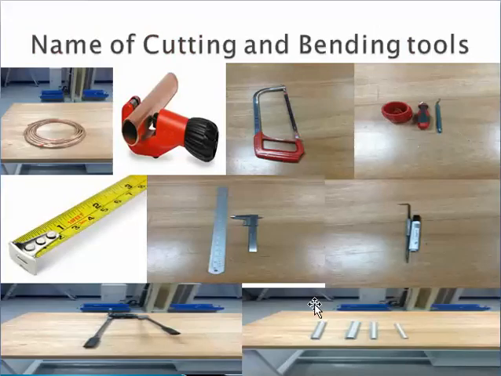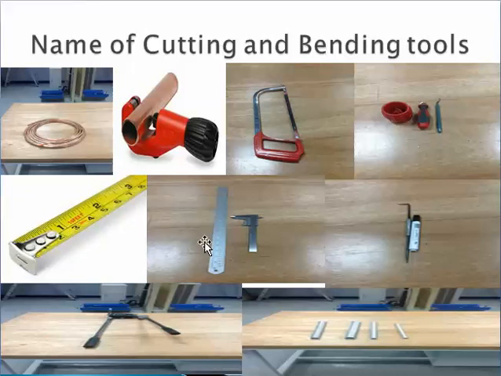Name of cutting and bending tools. This picture is about copper tube, and this picture is a tube cutter to cut the tube, and this picture is a hacksaw to cut a tube. This picture is a reamer to clean the tube. This picture is to measure the tube.